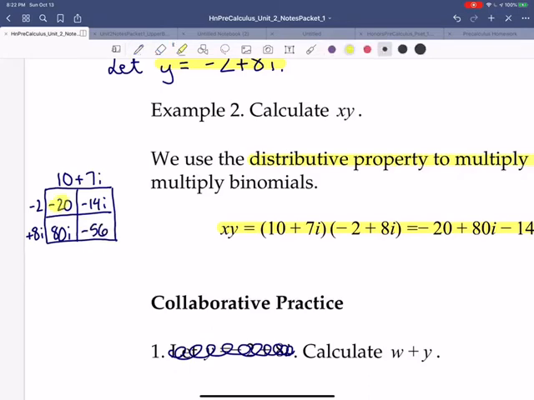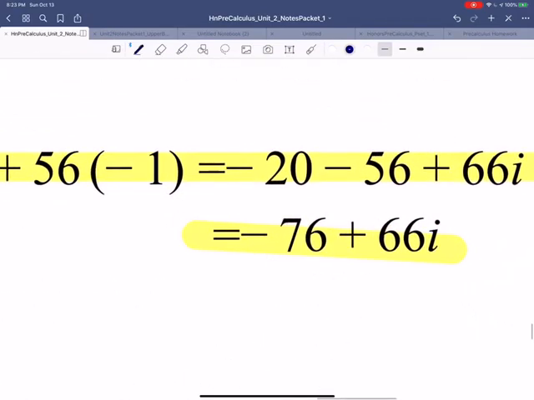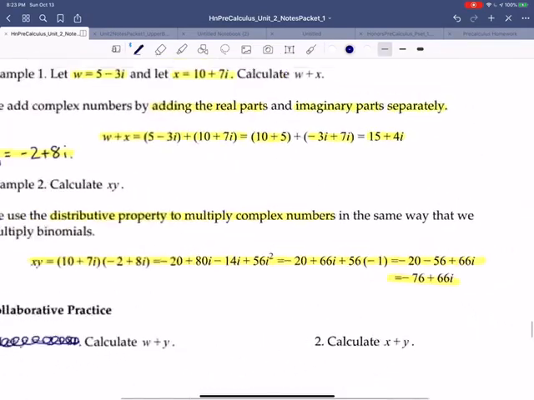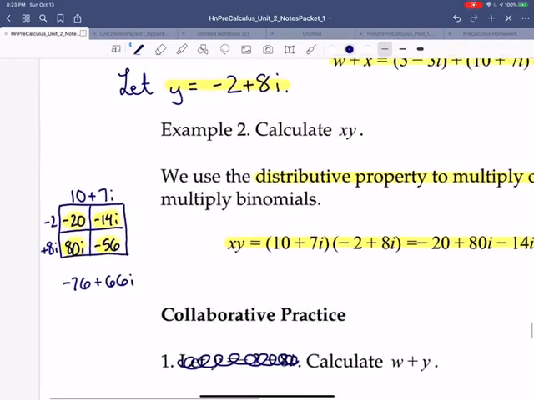So when I add negative 20 and negative 56, I get negative 76. And when I add 80i and negative 14i, I get 66i. And we can see that that matches what we get here. So I encourage you to create expansion boxes if that helps you.